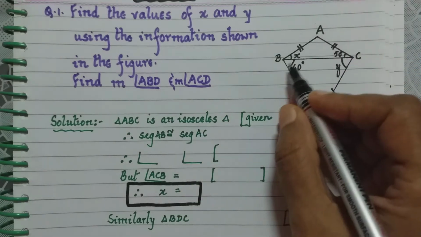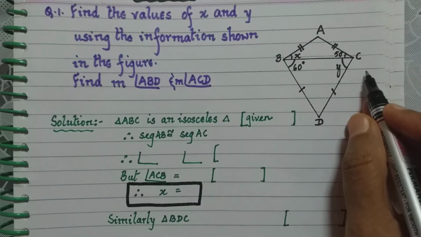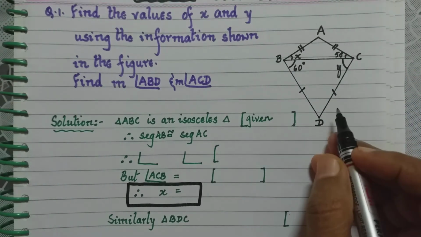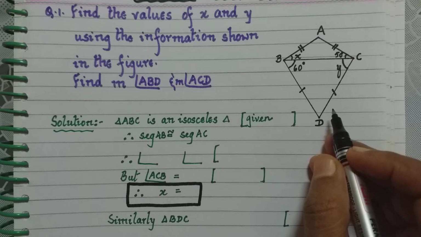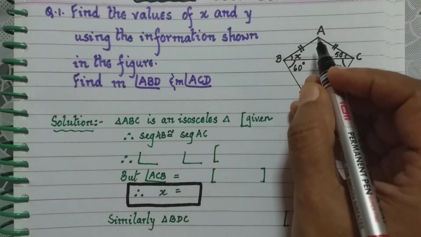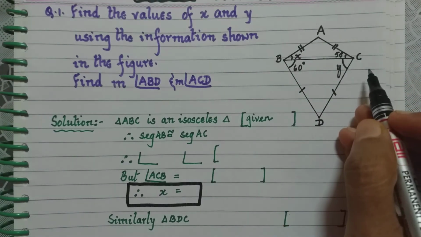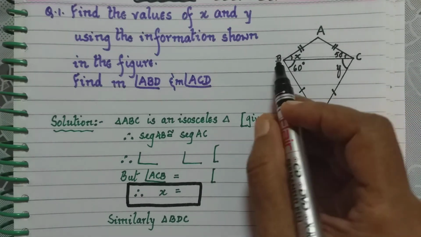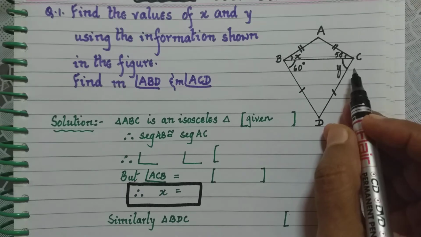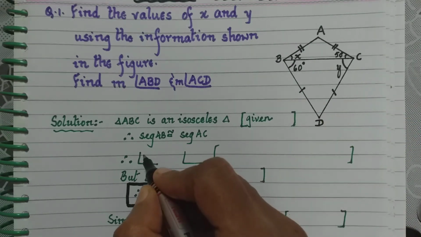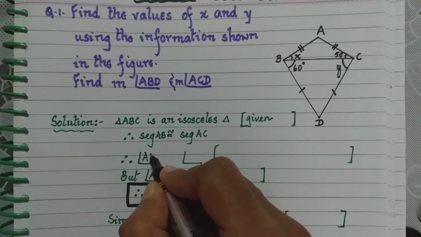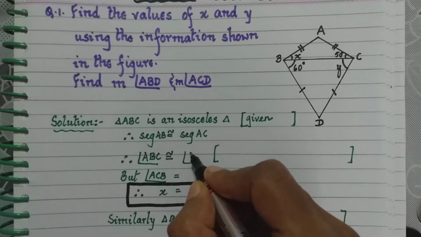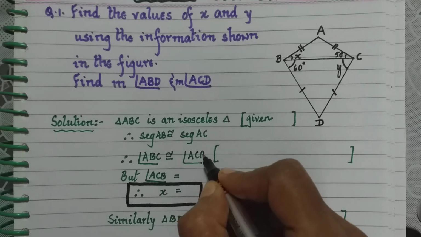Now, if segment AB is congruent to segment AC, we know that the angles opposite to these sides are congruent to each other. So, which are the angles? Opposite to AB is angle ACB and opposite to AC is angle ABC. So, here we can write therefore angle ABC is congruent to angle ACB.